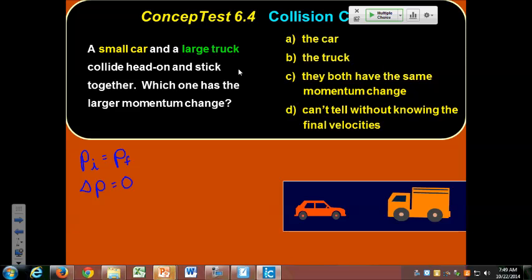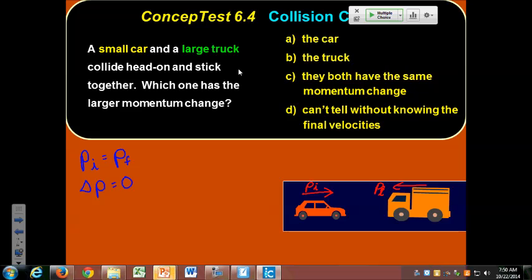So the car will have a change in momentum, and the truck will have a change in momentum, but the total will be 0. So if I imagine then that I have the car with a certain momentum initially, and the truck with a certain momentum initially, those momenta will change, but they're going to change by the same amount, right? So that the total momentum change will be 0.